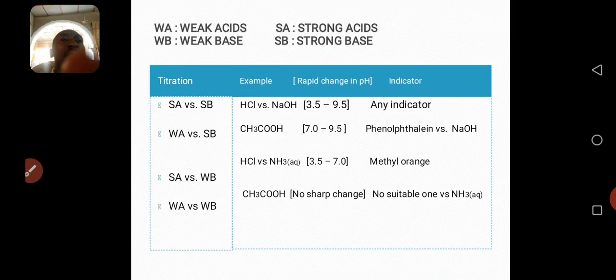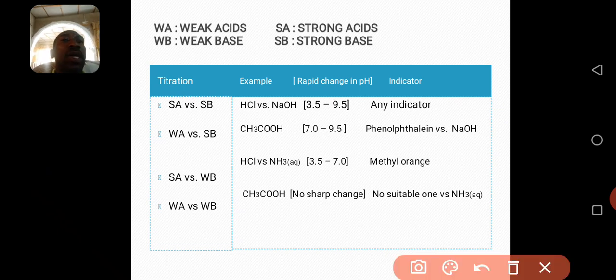So as you can see, WA means weak acid, WB weak base, strong acid is SA and strong base is SB. So in a titration reaction, we are talking about mixing an acid with a base.